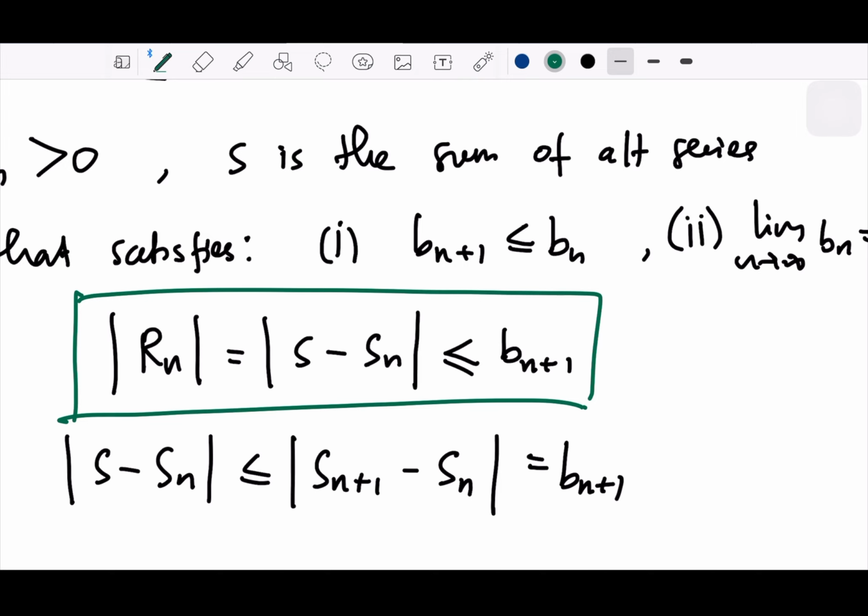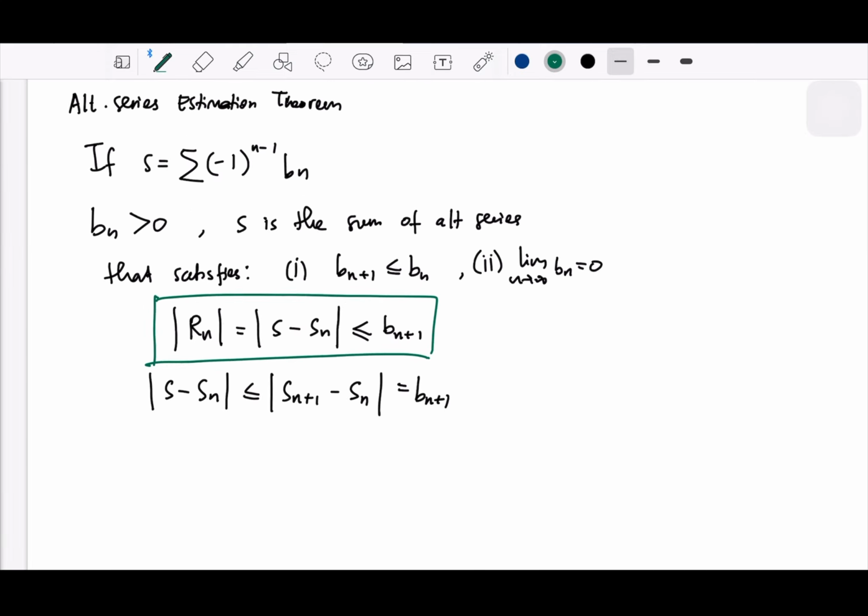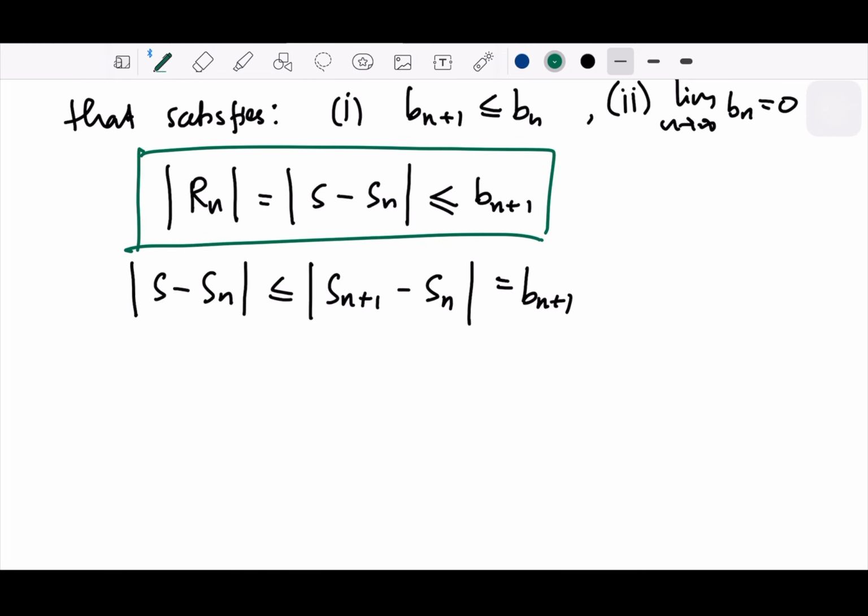So the Bn+1 will represent your error. Okay, I think it's clear from here.